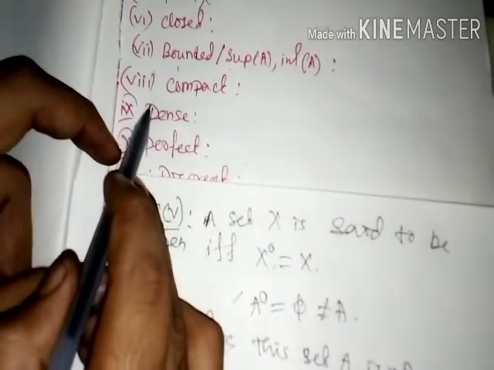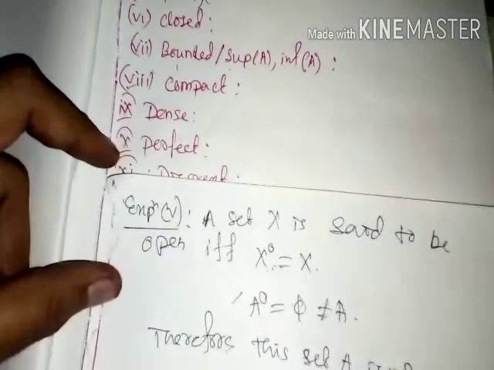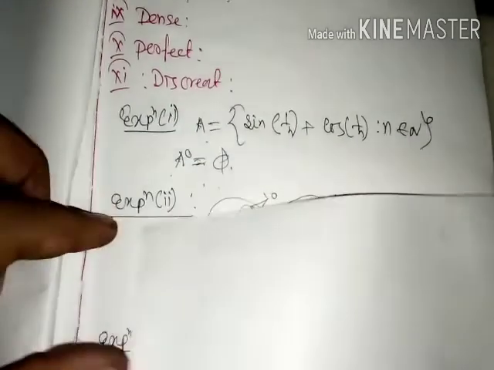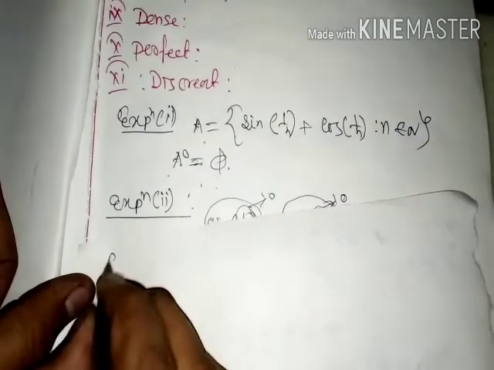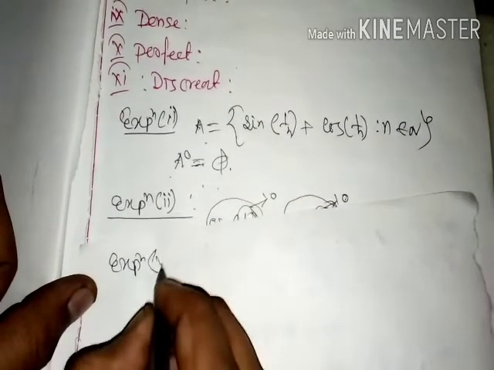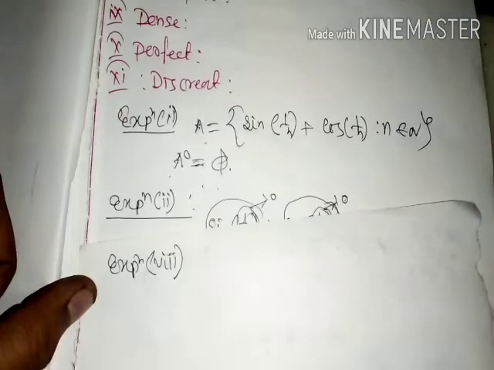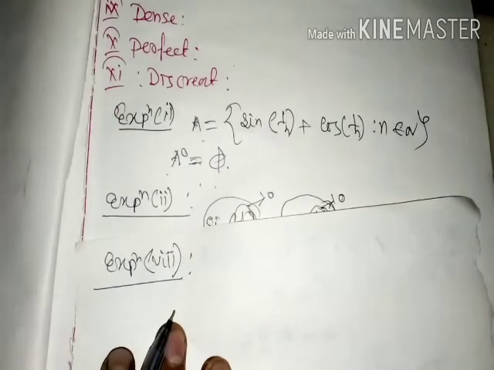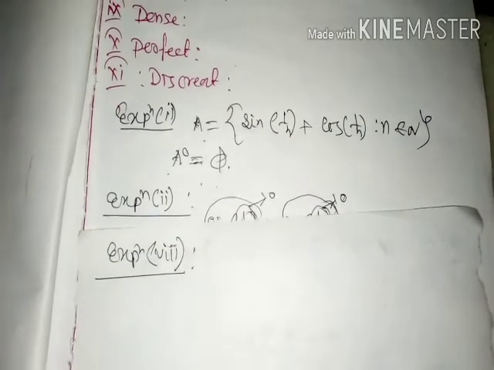Next we find whether it is compact. Explanation of option 8. To find whether this set is compact or not, first we know a result.